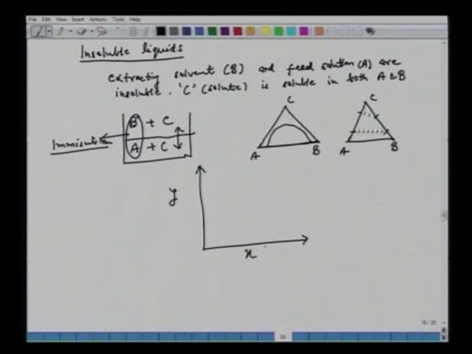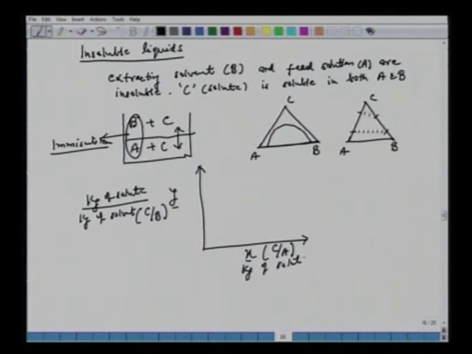We are saying that x is C over A, C dissolved in A, and y is C over B. We are following similar conventions. So we are plotting kg of solute per kg of solvent here, and here also kg of solute per kg of A. This y versus x diagram should be sufficient.